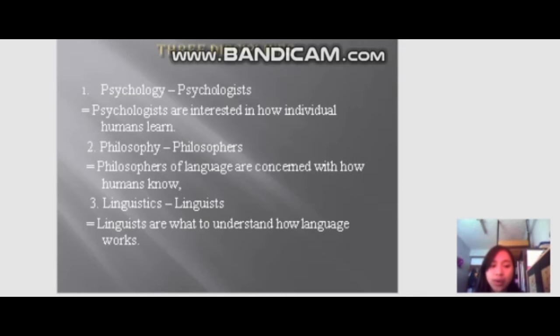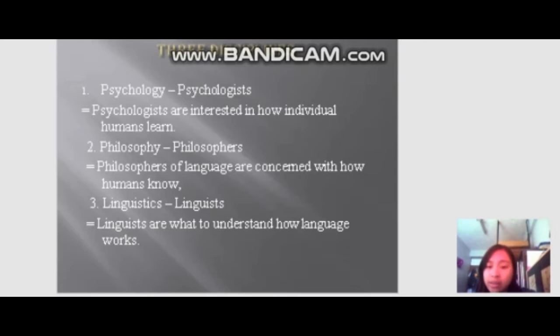Okay, so here there are three disciplines that are concerned with the systematic study of meaning in itself. First is psychology or psychologists. Second, philosophy or philosophers. And third is linguistics or linguists. So start from psychologists.